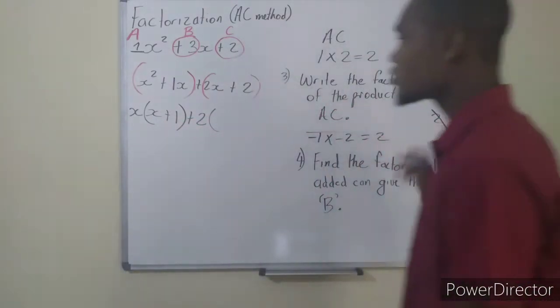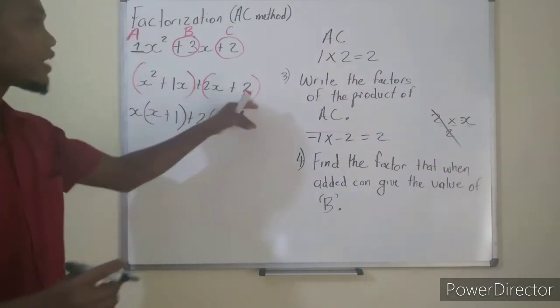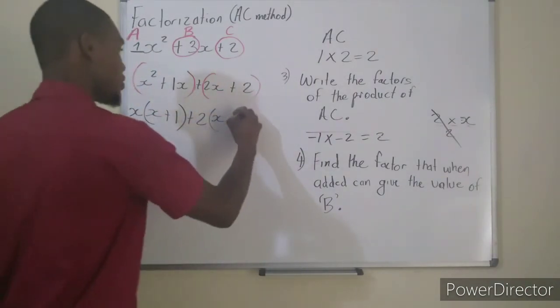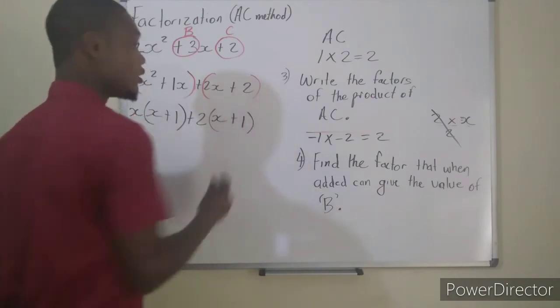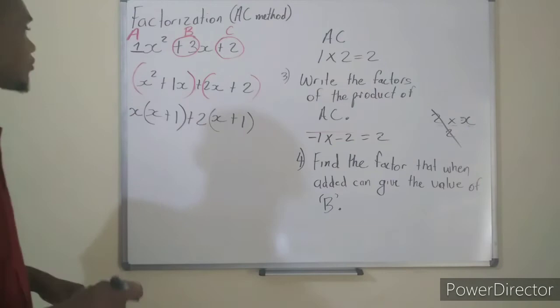So if you take out a 2, you're only left with the letter x. And 2 divided by 2 always gives you 1. Any number divided by itself automatically gives you 1.